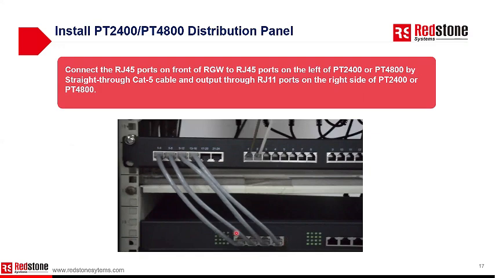Simply connect a straight through cable to this RJ45. This is line 1, 2, 3, 4, and this one is for lines 5 to 8. These are the RJ11 ports on the right side of the patch panel, so you can simply connect these to FXS or FXO ports.